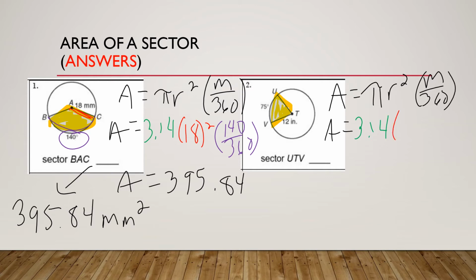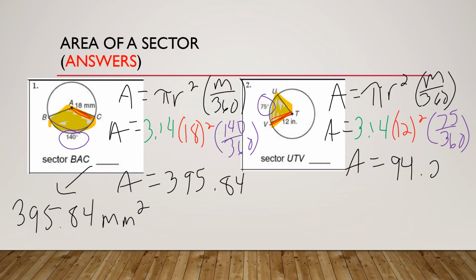Substitute in r, which is my radius, which is 12 squared. Substitute in my measurement of my arc, which in this case is 75 divided by 360. And we would substitute all the values into our calculator and simplify it, and we would get 94.25. In this case, it would be inches squared.